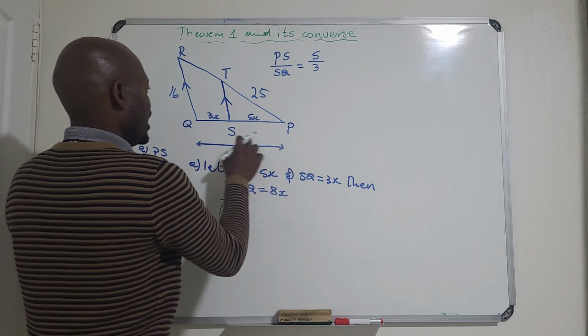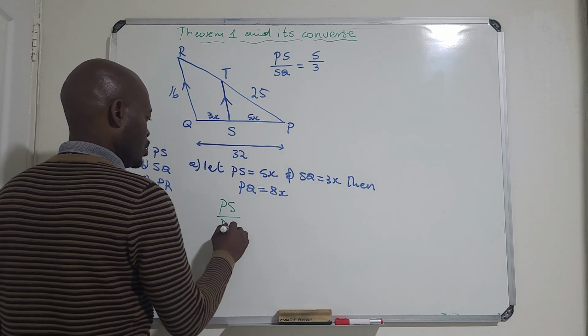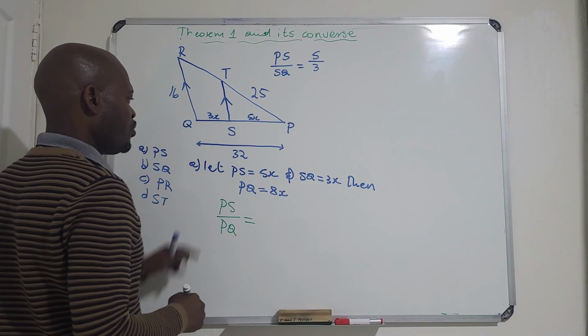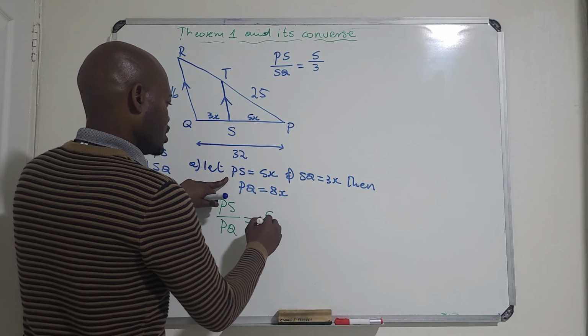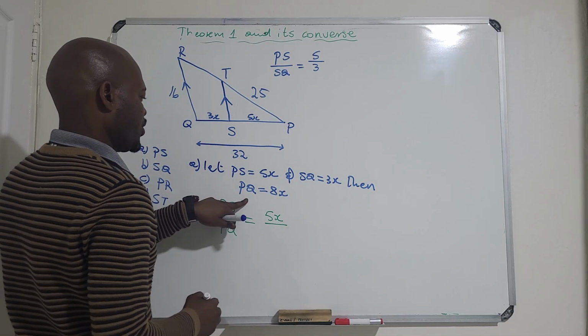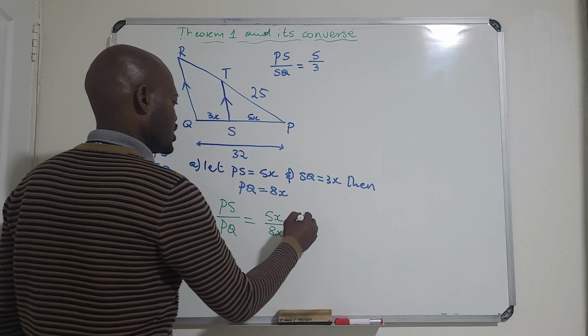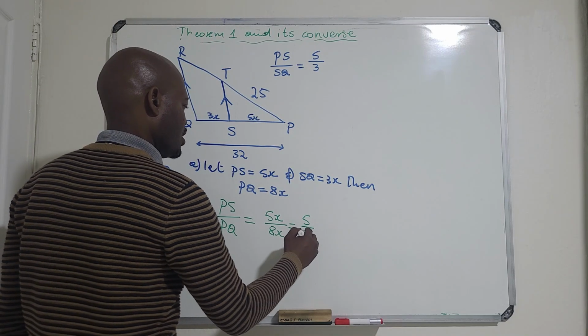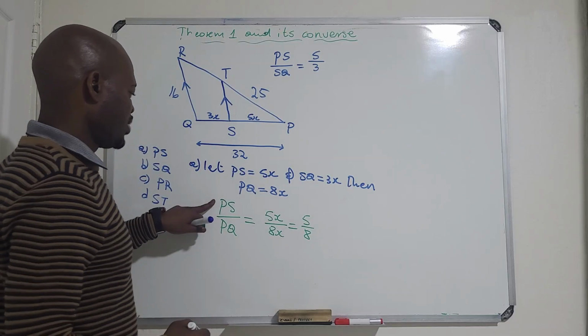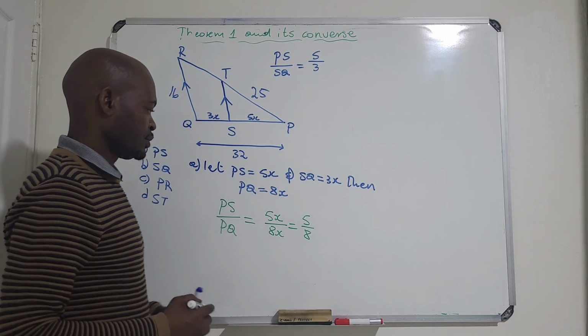Therefore, PS over PQ in ratio form: what is PS? It's 5x. Over PQ, which is 8x, which is equal to 5 over 8. Therefore, PS over PQ is the same as 5 over 8.